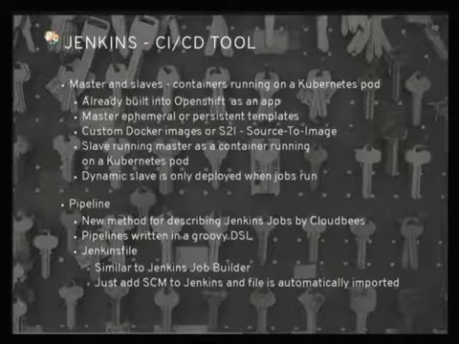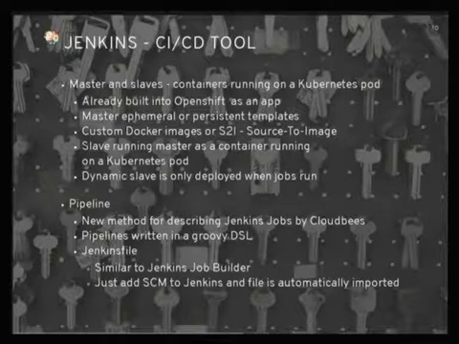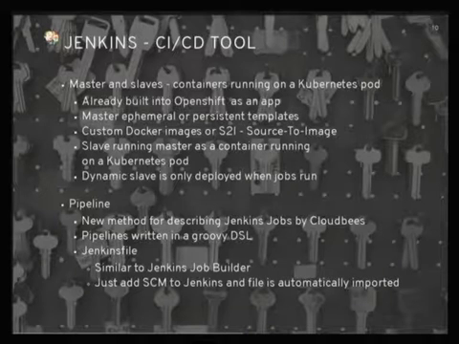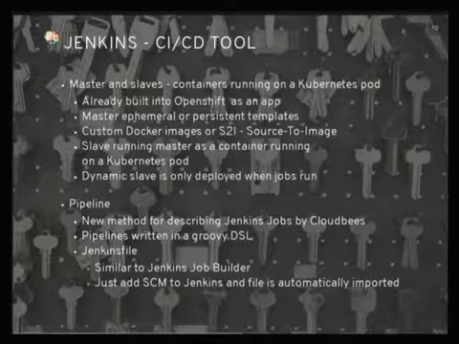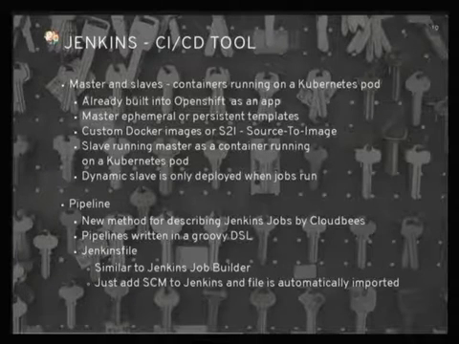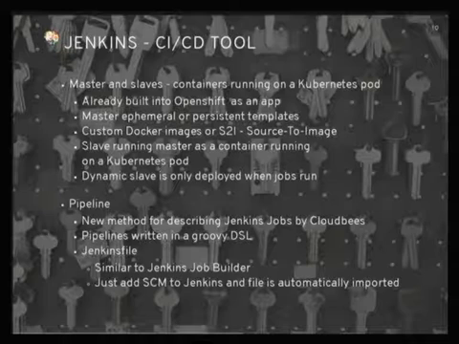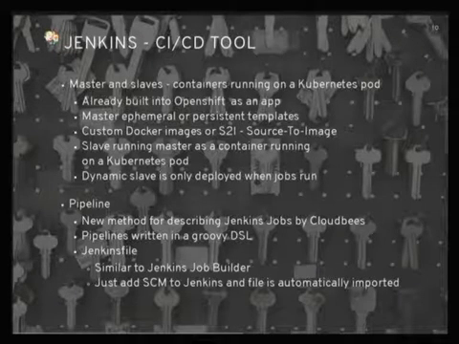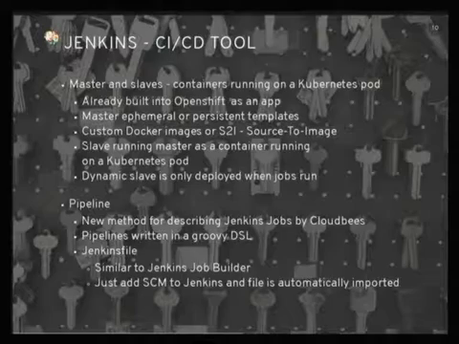If anyone knows Jenkins Job Builder, it's very similar, though that's more of a YAML format. The difference here that's pretty cool is if you put this Jenkinsfile as another component in your source code repository, so you have your source code, you have tests, and now you have a Jenkinsfile, that automatically gets put into Jenkins. You add your SCM to Jenkins, and it says, oh, there's a Jenkinsfile here. Now I'm going to set up these jobs for you as a result of that, which is pretty neat.